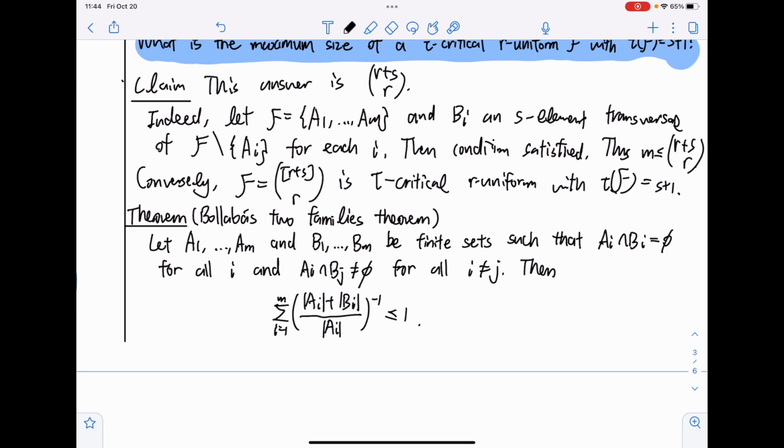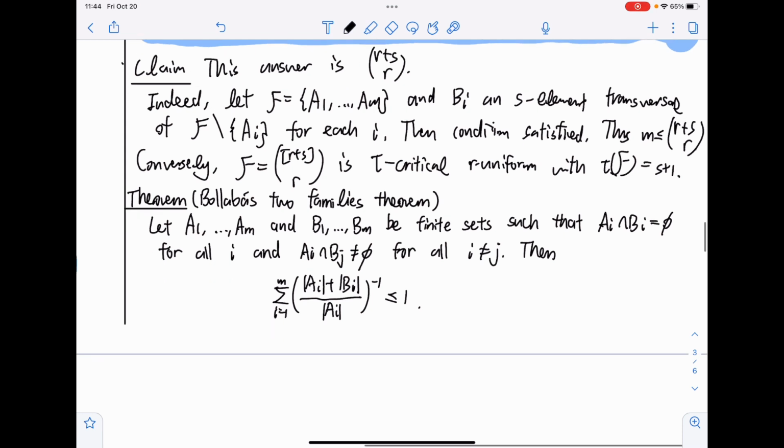And here is a more general statement of Bollobás's two-family theorem. Let A_1 to A_M and B_1 to B_M be finite sets, such that A_i intersect B_i is empty for each i, and A_i intersect B_j is non-empty for distinct indices i and j. Then the sum over i of the binomial coefficient of size of A_i plus size of B_i choose size of A_i, to the power of -1, is less than or equal to 1.